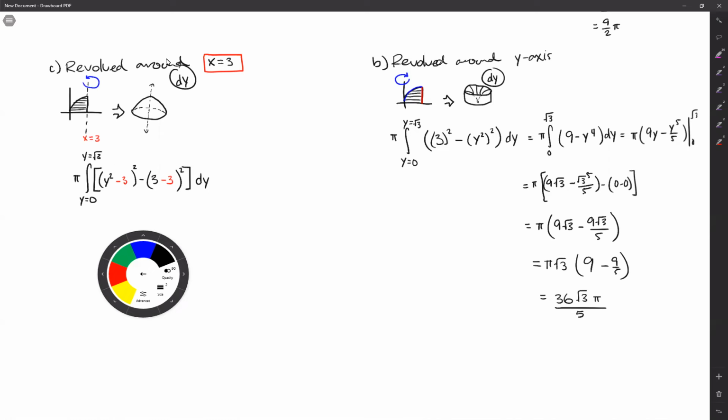You're basically shifting everything to the left in this case. Sometimes it'll be left or right, based on where the axis of rotation is for a vertical axis of rotation, or you'll be shifting it up or down for a horizontal axis of rotation.